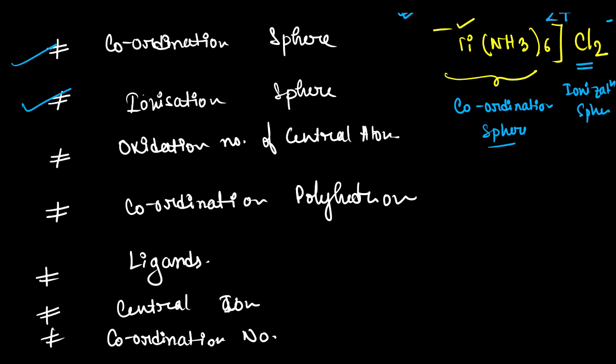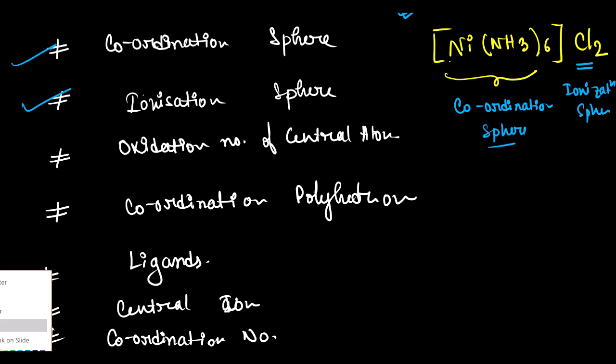Next, going for another term, the oxidation number of the central metal. As we have nickel here, to find the oxidation number, let's consider we don't know the oxidation number of nickel. We have this compound only.